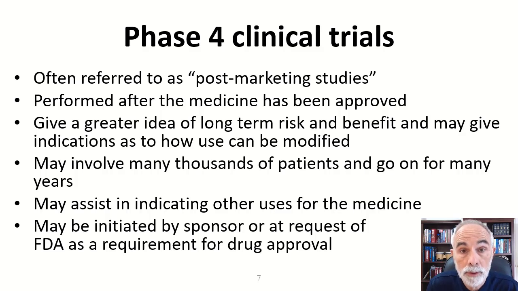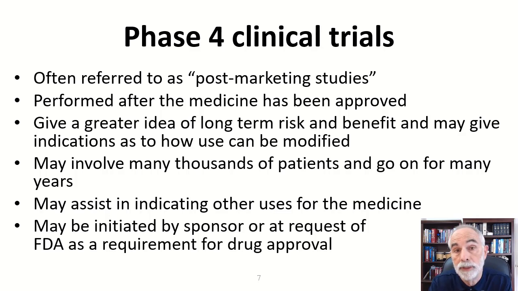Well, that was not one of the primary endpoints being evaluated, so it may be not that clear what the effect on weight is, but it seems like it has an effect on weight. So the sponsor might want to go back now in phase 4 studies and look specifically at the effect of that drug on weight loss in a controlled setting.